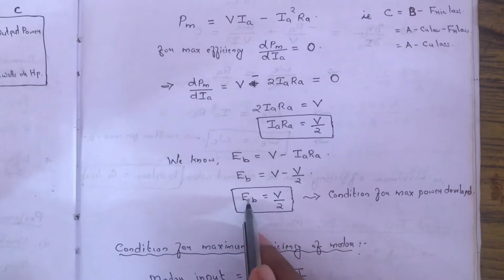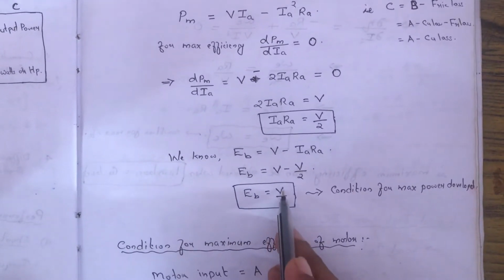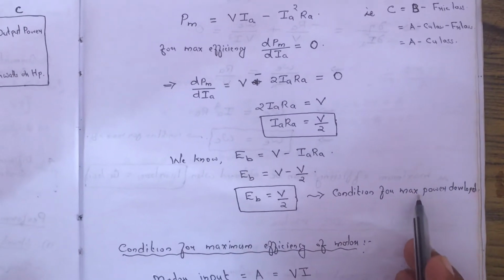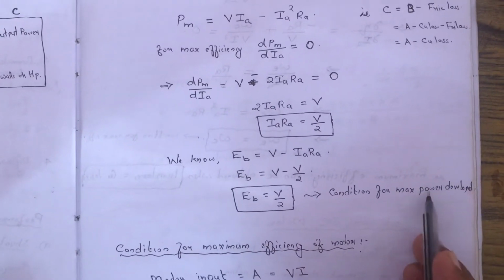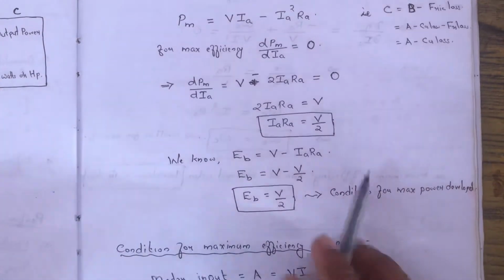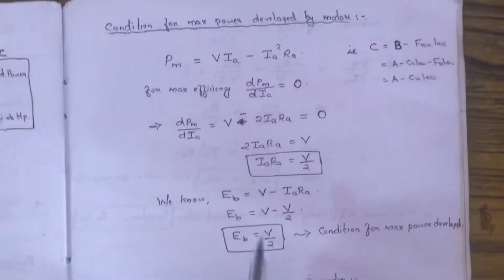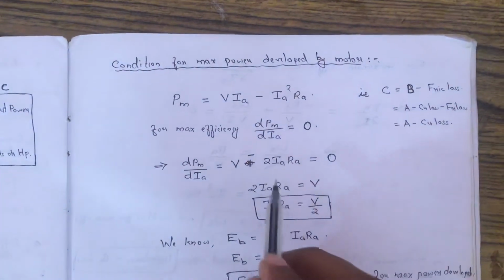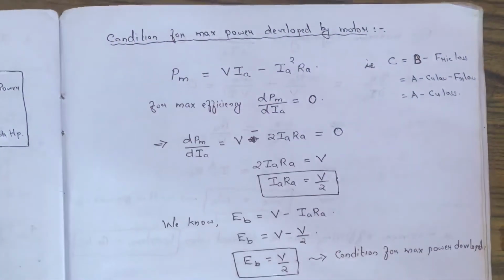This is the derivation. The question will be, derive the condition for maximum power developed in a DC motor.